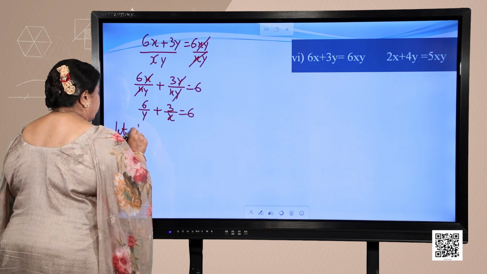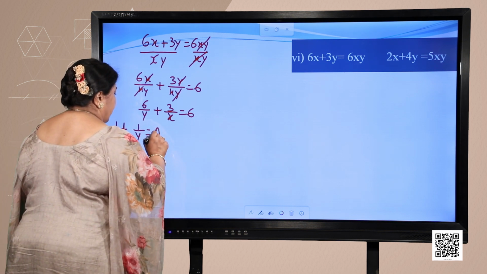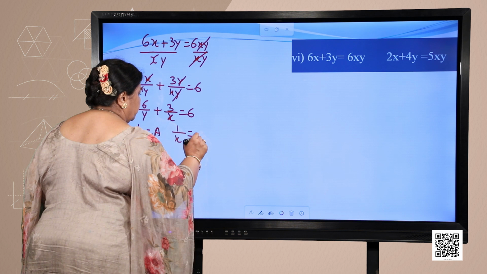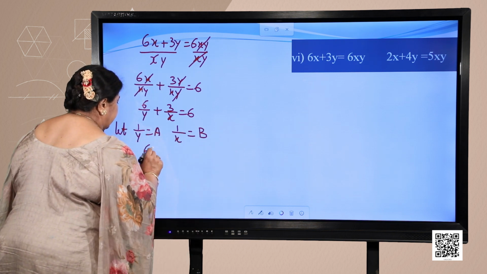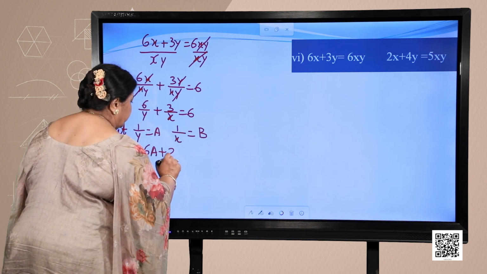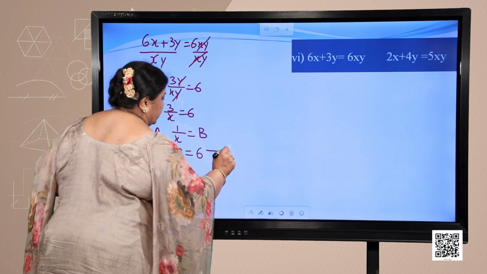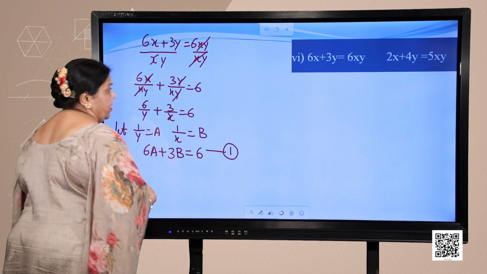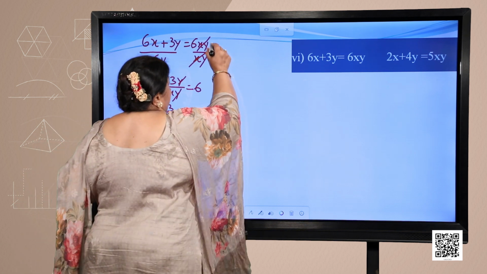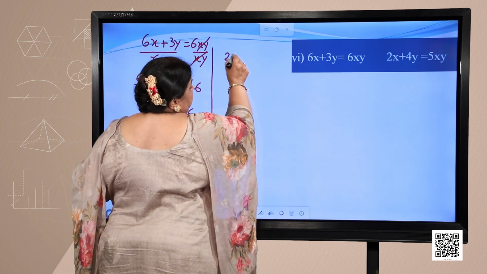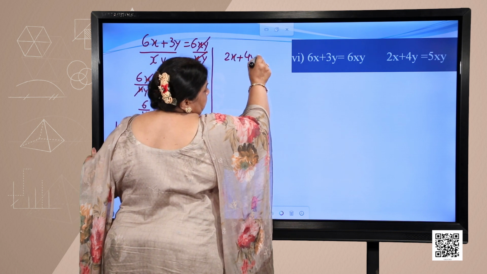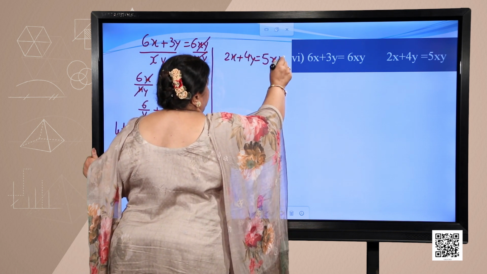Now, let us suppose 1 upon y as a and 1 upon x as b. So, we have 6a plus 3b is equal to 6. This is our simplified equation number 1, and let us see the next one. We have 2x plus 4y is equal to 5xy.